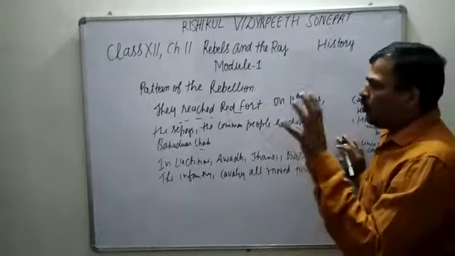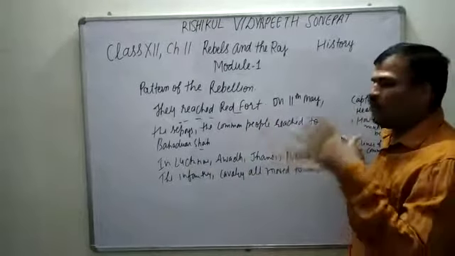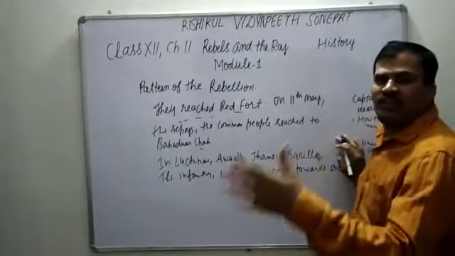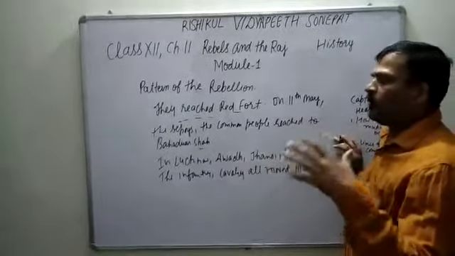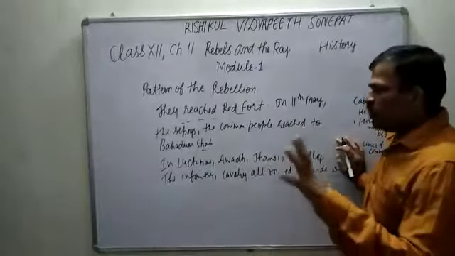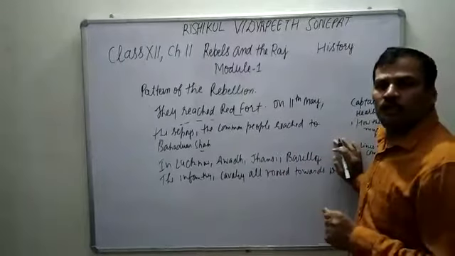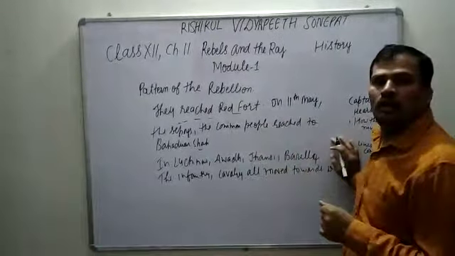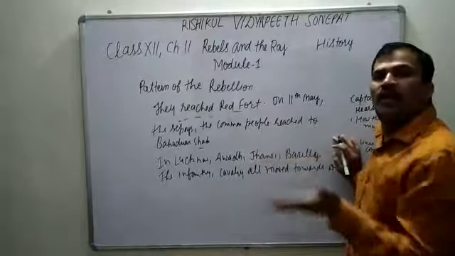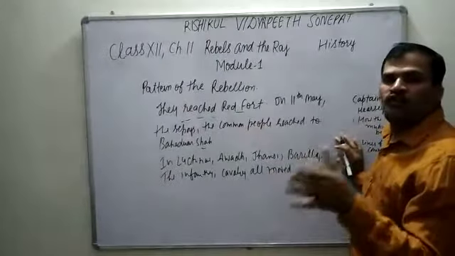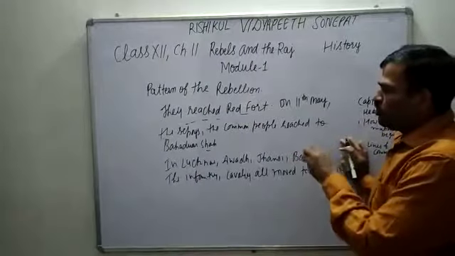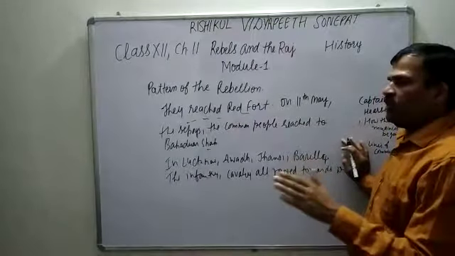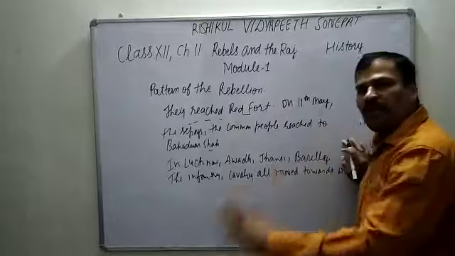Now there was fear in the minds and hearts of the Britishers, because maximum of the Britishers were killed. So it was troublesome. The Britishers were having fear. They were moving here and there to save themselves and their family members, because these mutineers, these sepoys, these revolutionaries, were not sparing anybody.